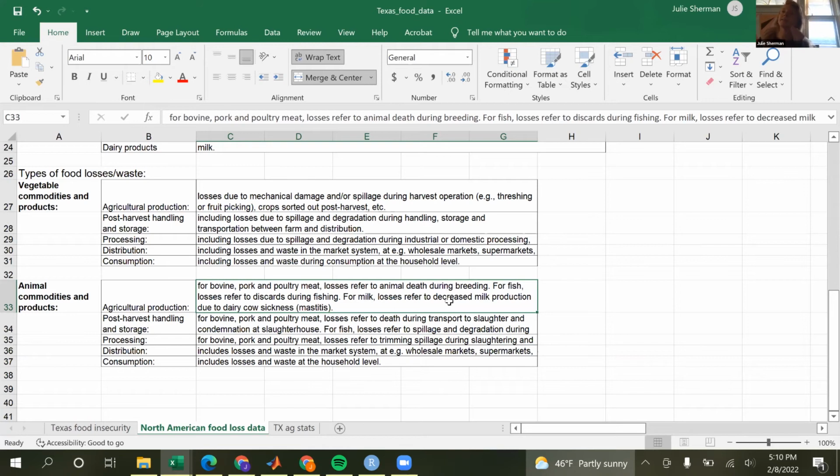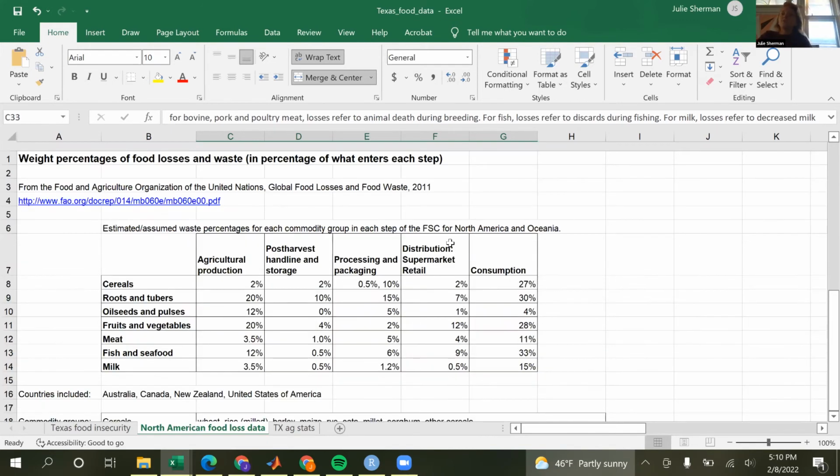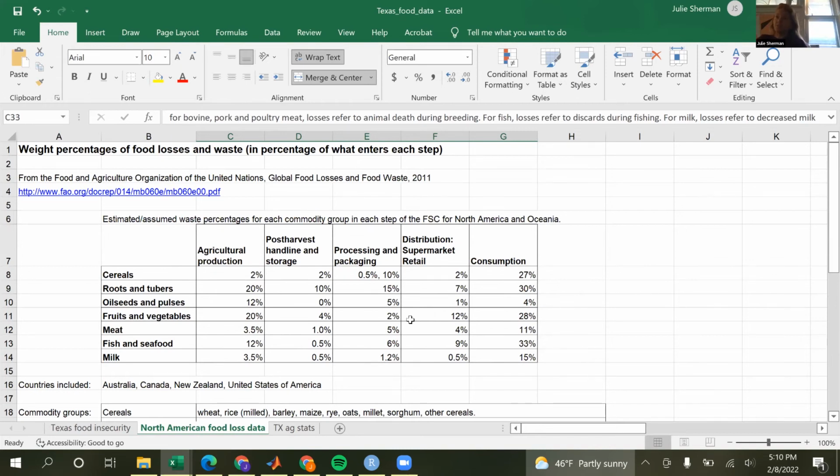So this is an important thing so that you're reading all of the different parts of this data, because if we say, okay, let's try to save the meat that is lost in production, well, those animals are dead. We can't really save that meat. We don't want to be doing that, right? Okay, so we have some general percentage of food lost.